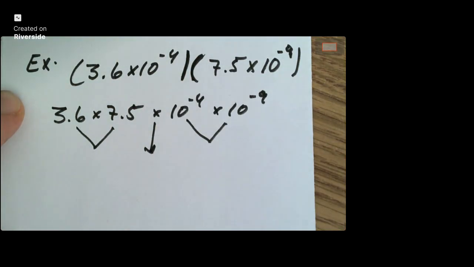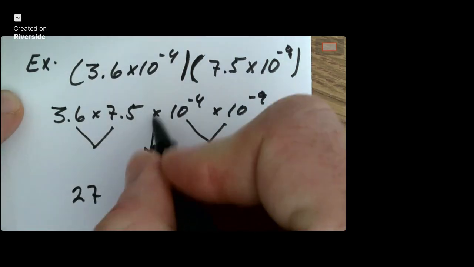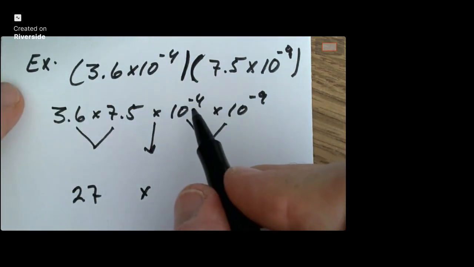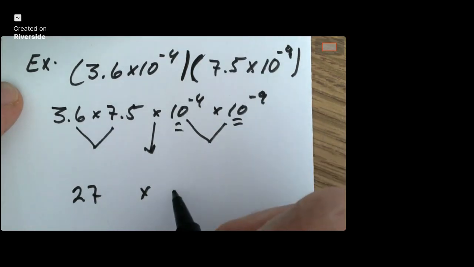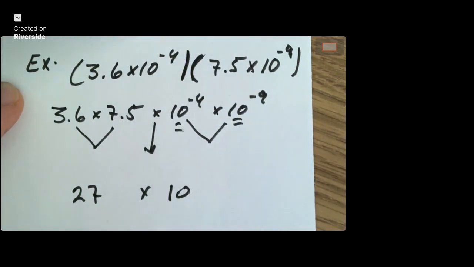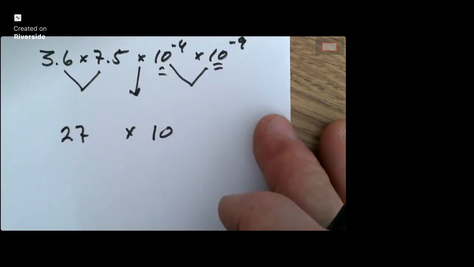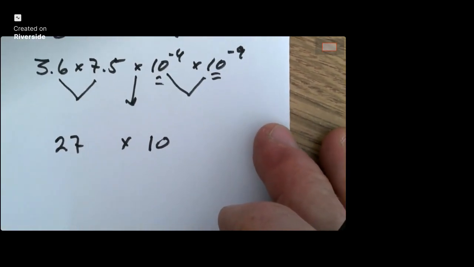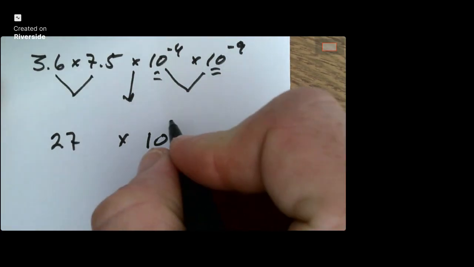So yes, I have a calculator here with me. I'm going to take 3.6 times 7.5, and that's going to give me 27, times, and then let's use our power times a power property here. As long as the bases are the same, I can pass that common base along and just add the exponents. So that's going to give me a -4 plus a -9, which is going to give me a -13.